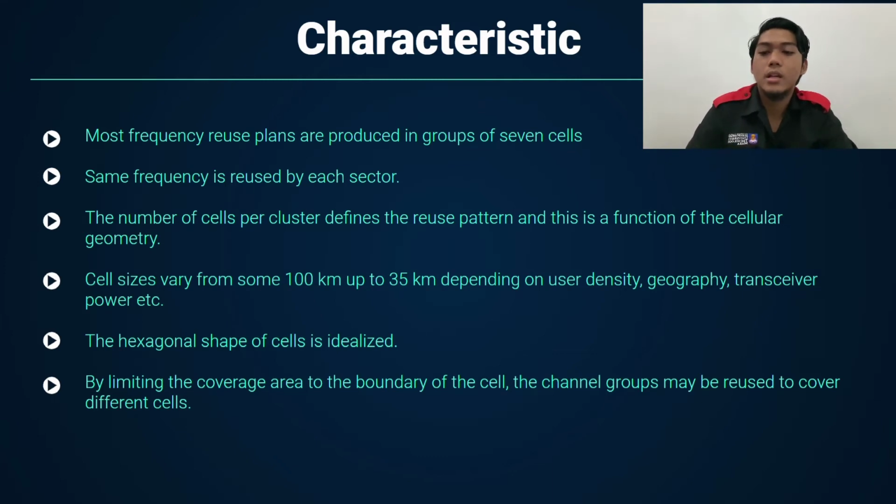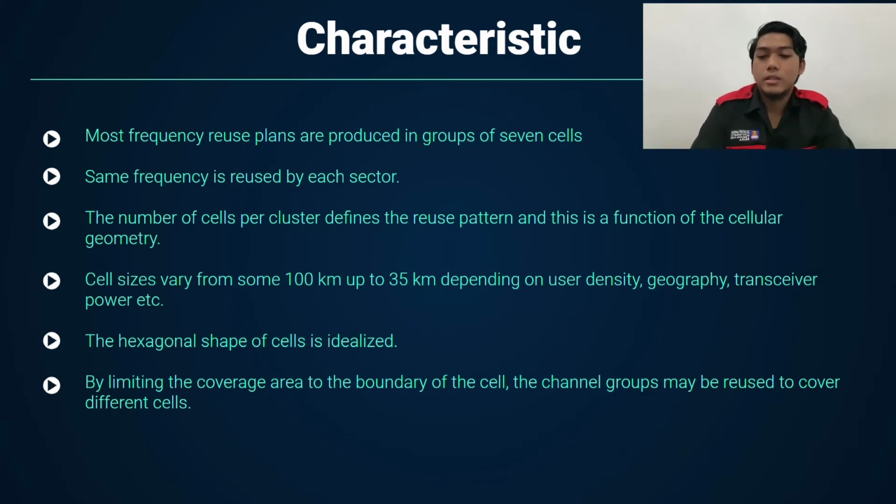Cell sizes vary from some 100 meters up to 35 km depending on user density, geography, transceiver power, and many more. The hexagonal shape of cells is idealized. So the frequency reuse is a hexagon shape.